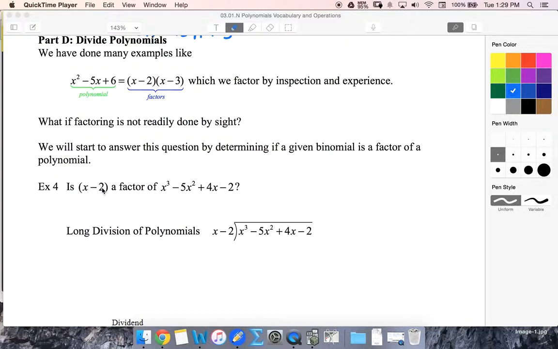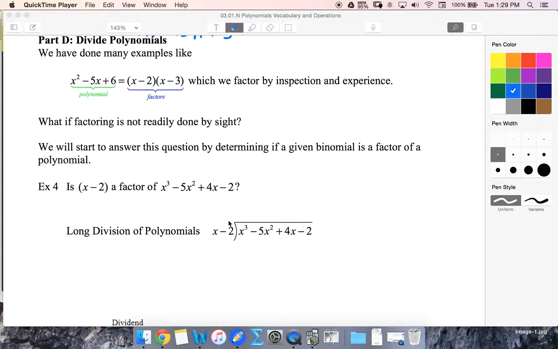So if x minus 2 is a factor of this, then I would know a factor means that it goes in evenly. So the idea is that if I divide this polynomial by this factor, the remainder should be 0. So we do long division of polynomials in the same way we learned how to do long division as a child.